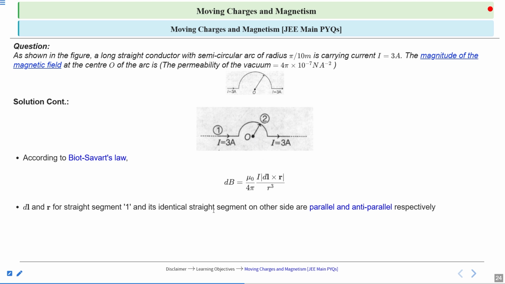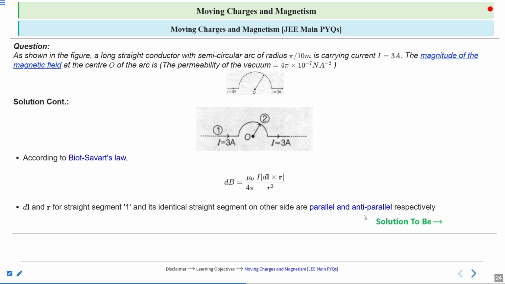So for both straight segments, dl and r are parallel and anti-parallel respectively.